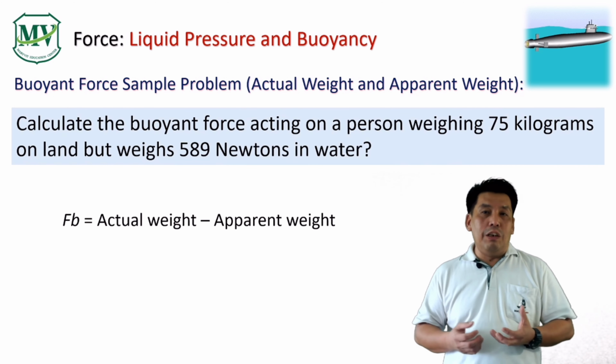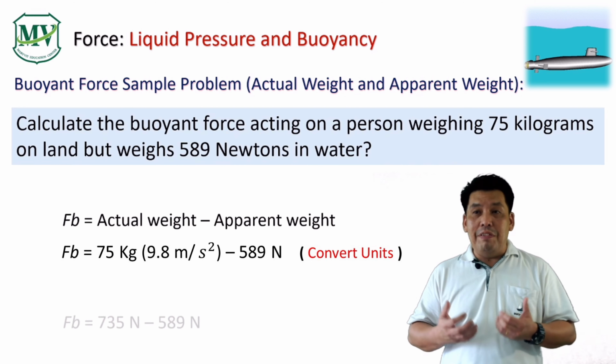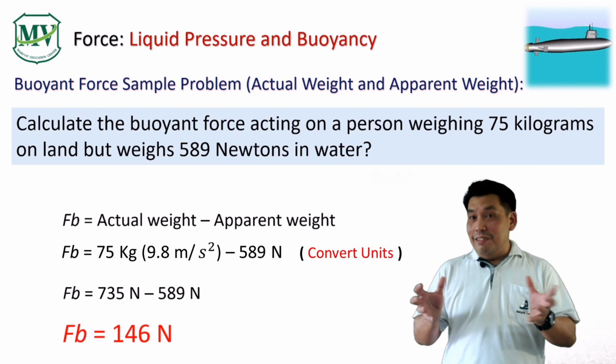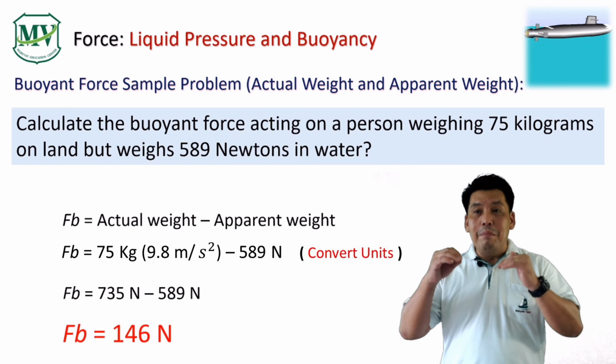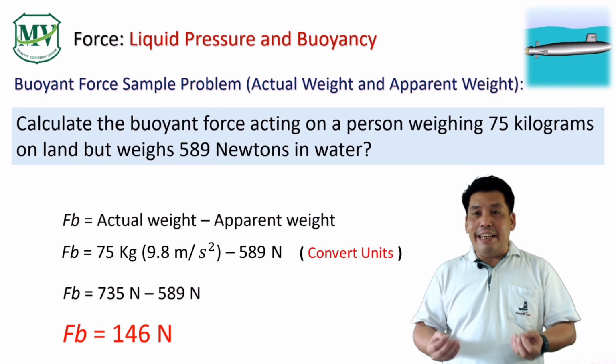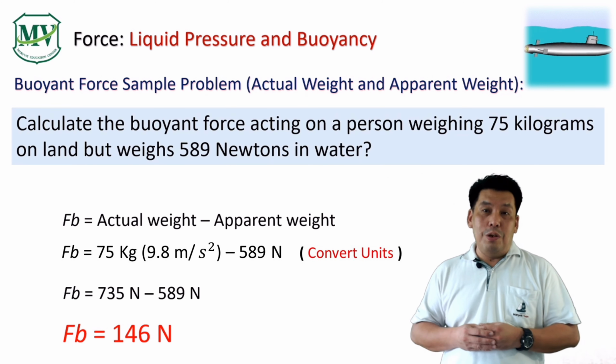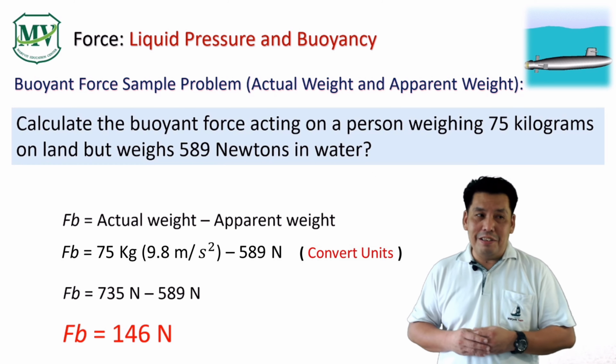A 75 kilogram person would experience a reduction of weight of 589 newtons, or his apparent weight, when immersed in water, would have experienced a counter force of upthrust or buoyant force equivalent to 146 newtons.